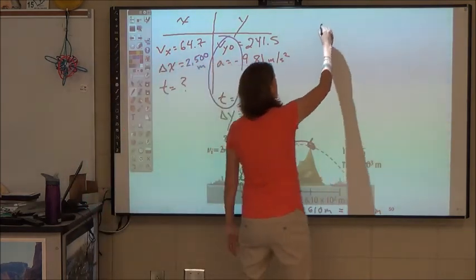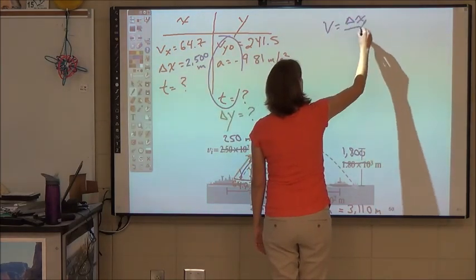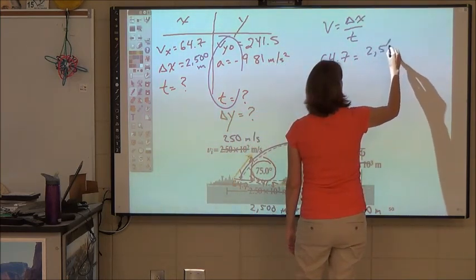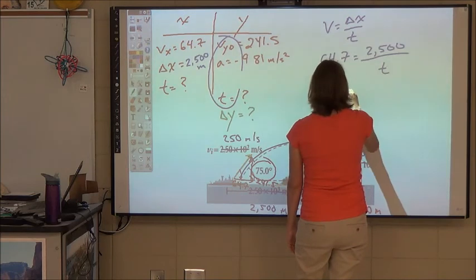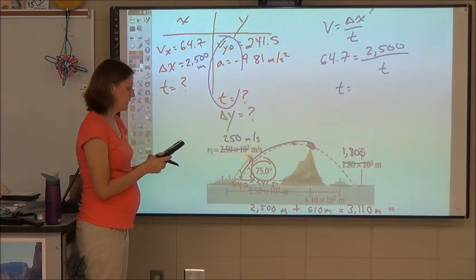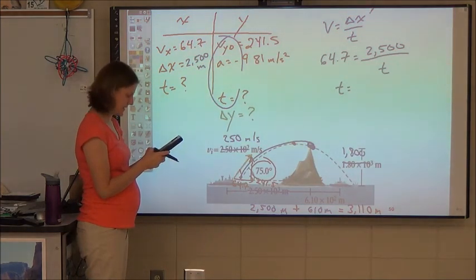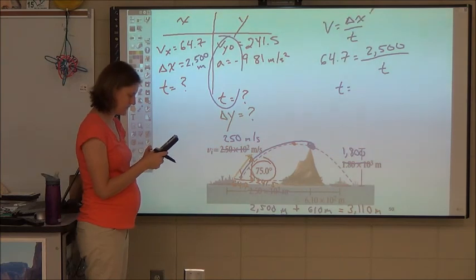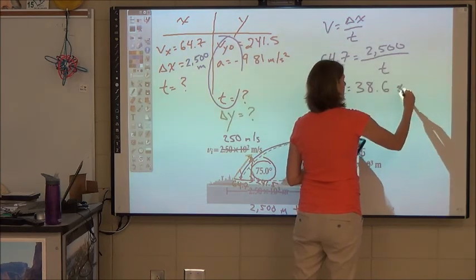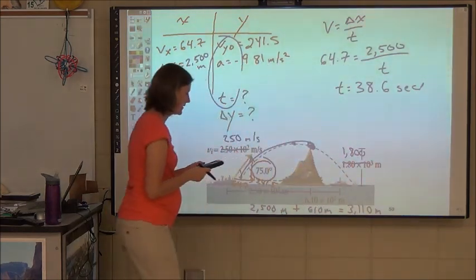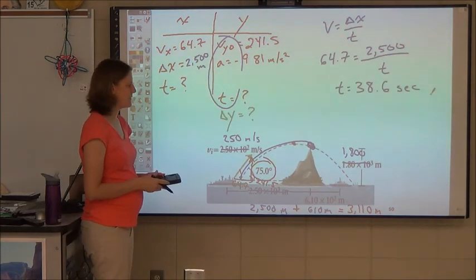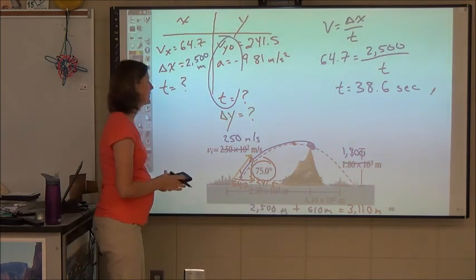So 2,500 divided by 64.7, 38.6. So it takes 38.6 seconds to go 2,500 meters to the right. In that same amount of time, it'll be right above the mountain. So I'm going to use that over here.